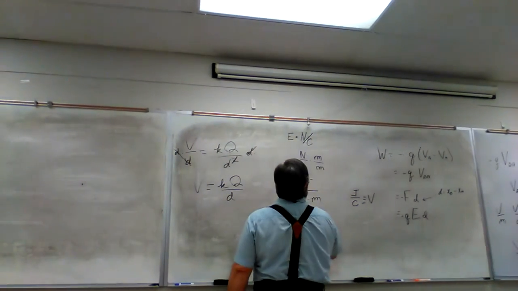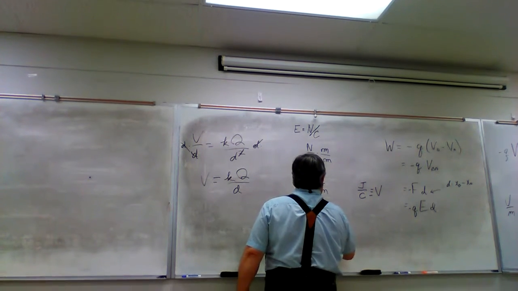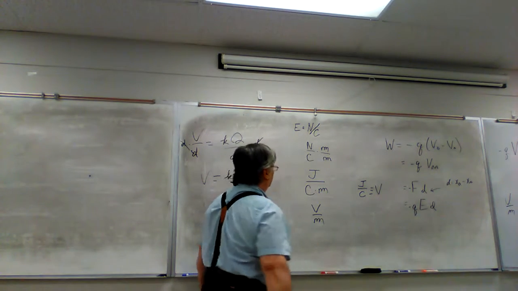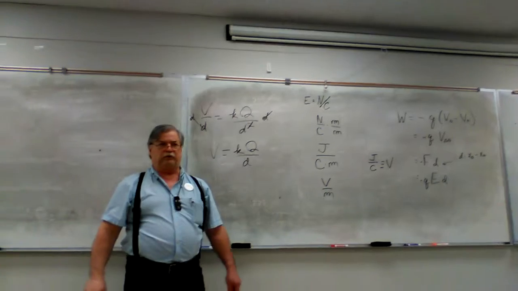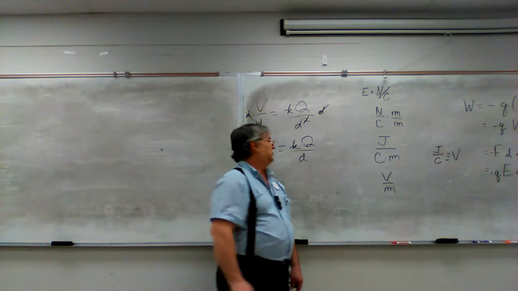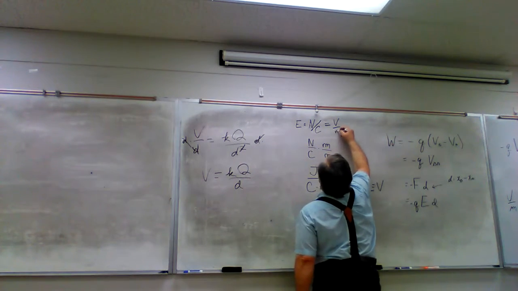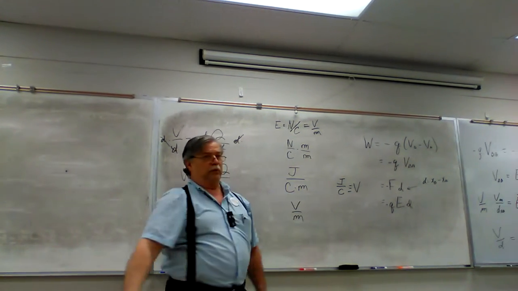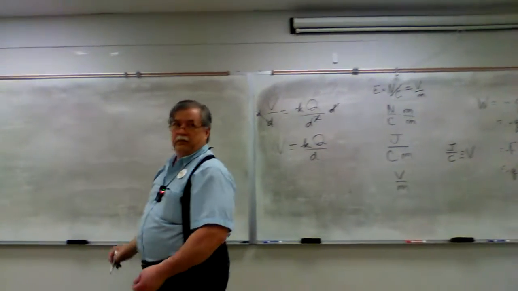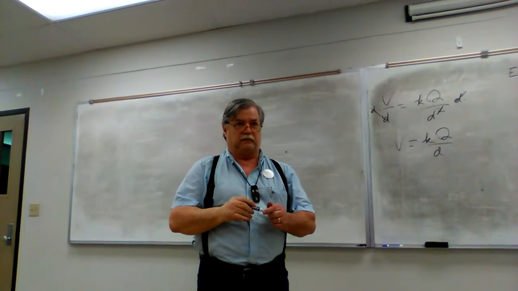So what we have here is joules per Coulomb meter, which is volts per meter. A newton per Coulomb and a volt per meter are the same thing.